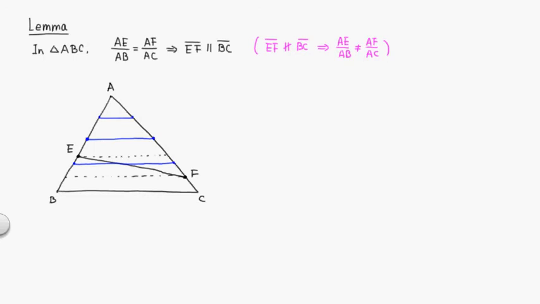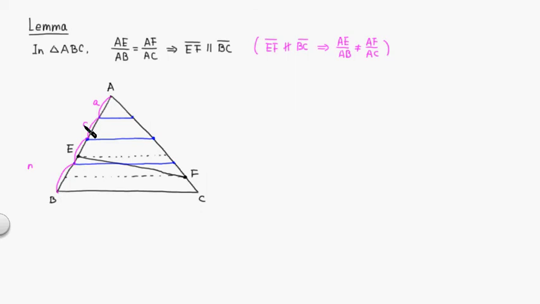So let's count the number of these equal length segments. You have 1, 2, 3, and so on. I don't know how many segments it's going to have. So the total, let's say you have n segments, and each one has the same length.